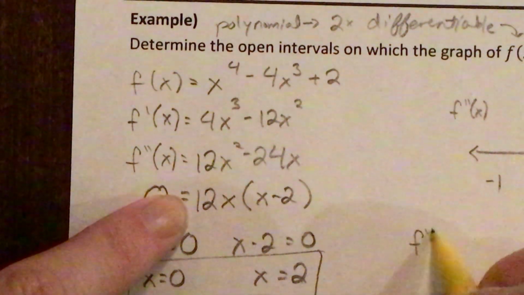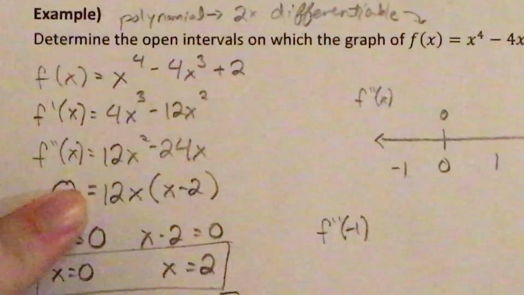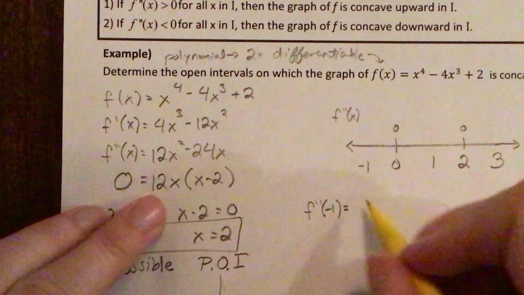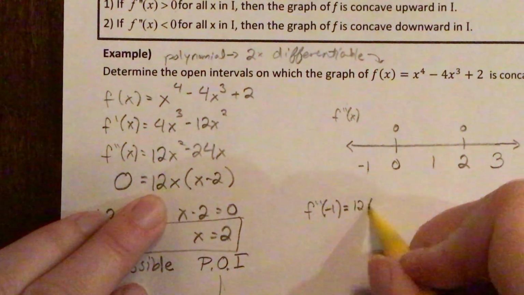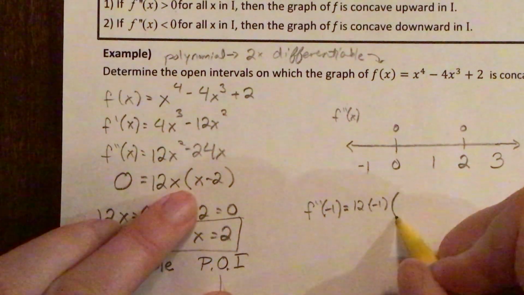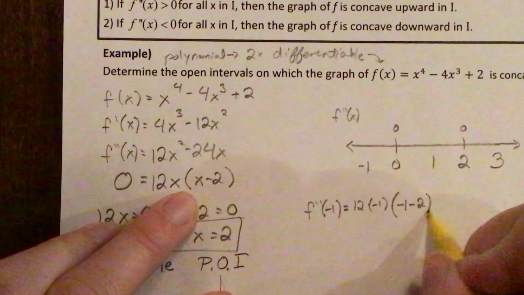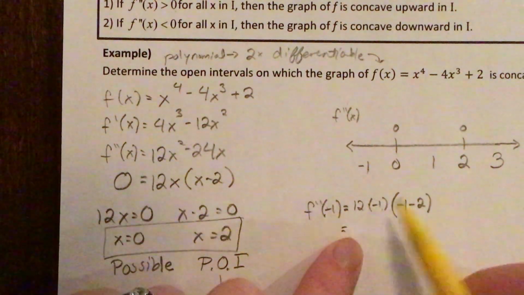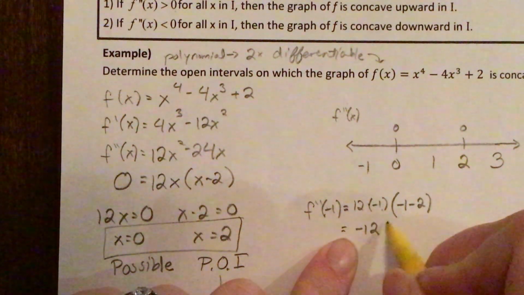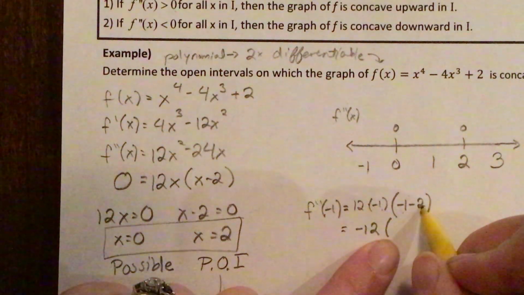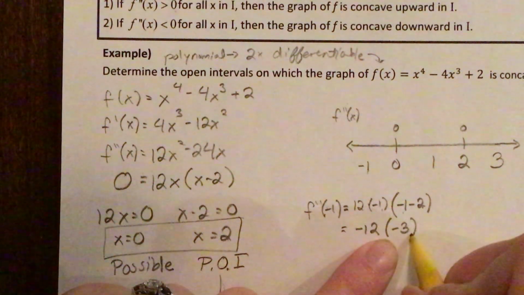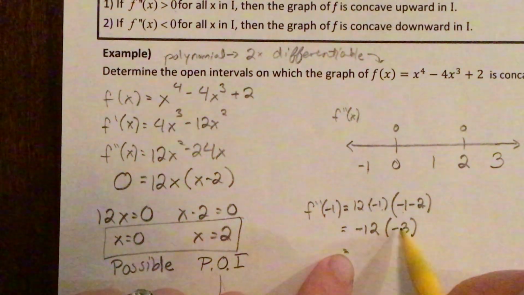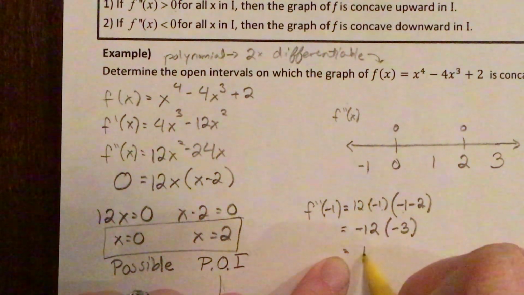So f double prime of -1 equals 12 times -1 times -1 minus 2. 12 times -1 is -12, and -1 minus 2 is -3. When you multiply together a negative number times a negative number, you get a positive number.